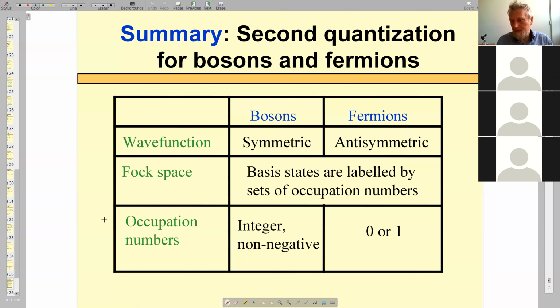Occupation numbers are integer. It has to be integer. It's the number of particles, non-negative. For fermions, owing to anti-symmetry of wave functions, they are restricted to 0 and 1. Fine. That was more or less the lecture a week ago.